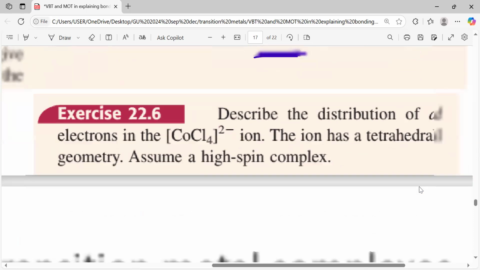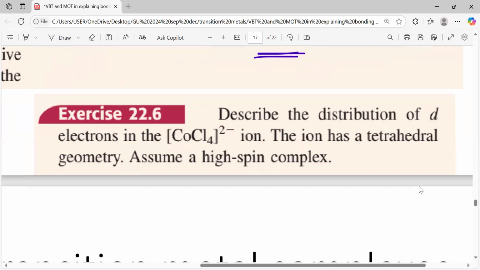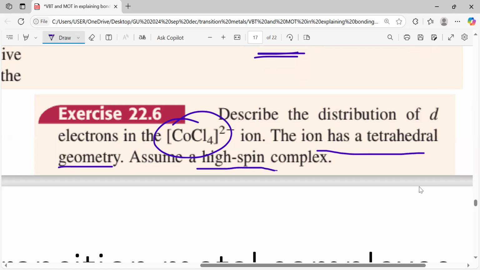Now we will let you get free time and look at this complex, and you are told it has a tetrahedral geometry, and to assume it is a high spin complex.